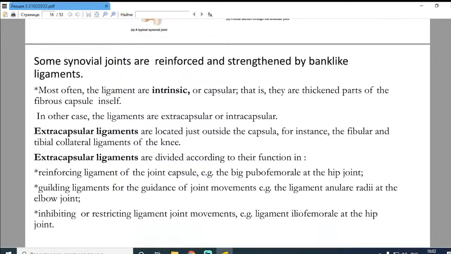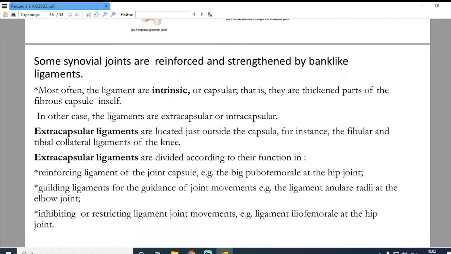Extracapsular ligaments are divided according to their function. First, reinforcing ligaments of the joint capsule, for example the big pubofemorale at the hip joint.